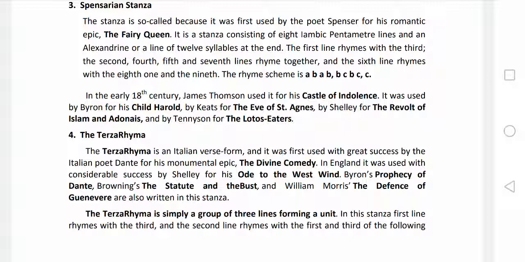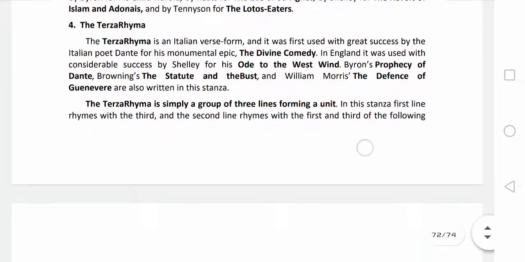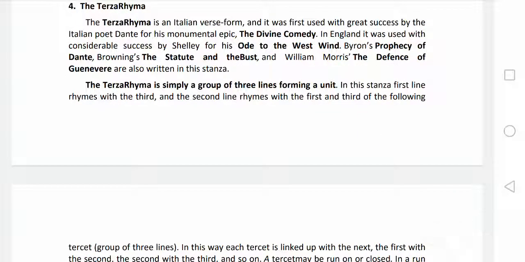Next is Terza Rima. Yeah, the spelling and the pronunciation are a bit different. Now the Terza Rima is an Italian verse form, and it was first used with great success by the Italian poet Dante for his monumental epic The Divine Comedy.